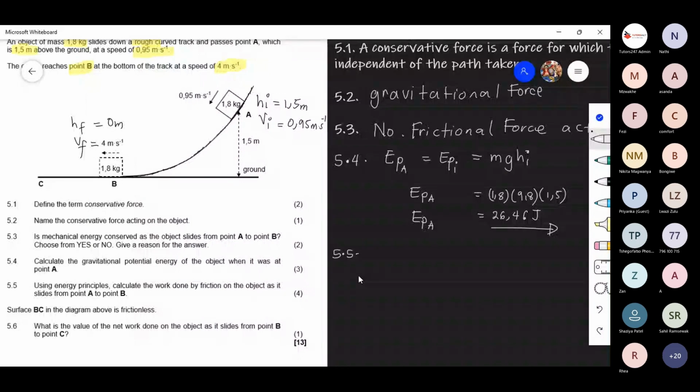Previously we calculated work done by frictional force. Once again, we're calculating work done by frictional force. Previously, they asked for the conservative force definition. We had to do that once again. They previously asked for an example of a non-conservative force. Now we did an example of a conservative force.